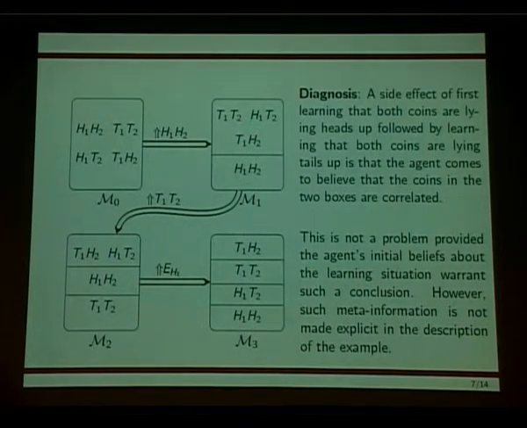So the other three are considered less likely. Then the next observation by C and D that it's both tails brings us, by adopting a similar policy, to the one where this now becomes most preferred and gets to the bottom, but we keep the preference among the remaining valuations. So it remains the case that H1, H2 is more plausible than what's still remaining up there, which was T1, H2, and H1, T2.